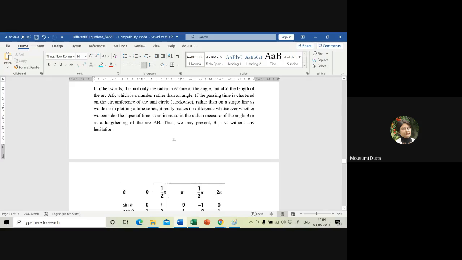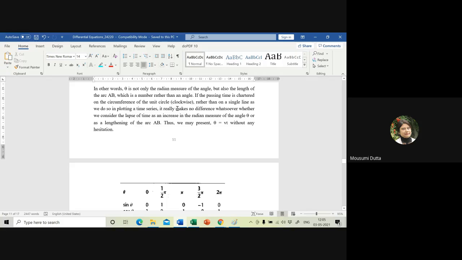It really makes no difference whatsoever whether we consider the lapse of time as an increase in the radian measure of the angle theta, as a lengthening of the arc AB. Thus, we may present theta is equal to vt. So as time is increasing, the angle is increasing proportionately with time.